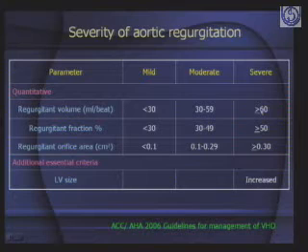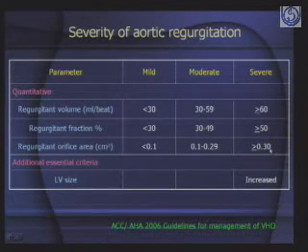Similarly, for regurgitant fraction, less than 30 is mild, 30 to 49 is moderate, and more than 50 is severe. If you are looking at regurgitant orifice area in centimeter square, then less than 0.1 is mild, 0.1 to 0.29 is moderate, and 0.30 is severe.